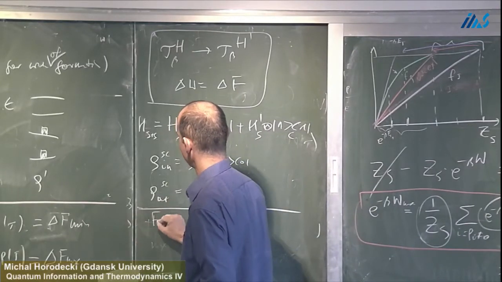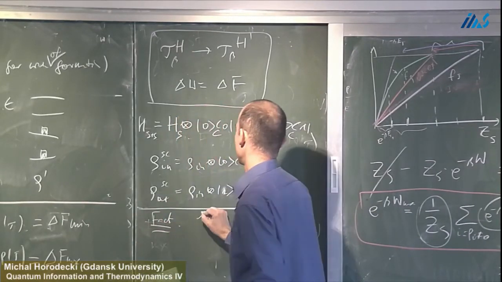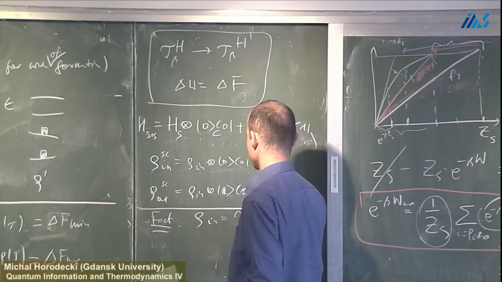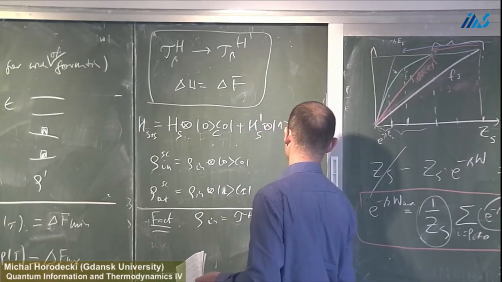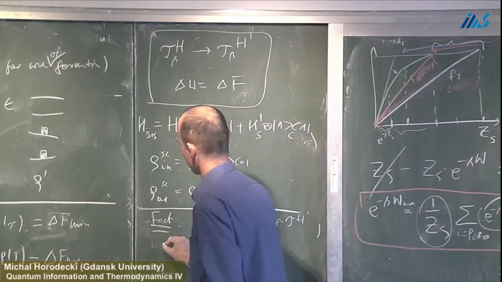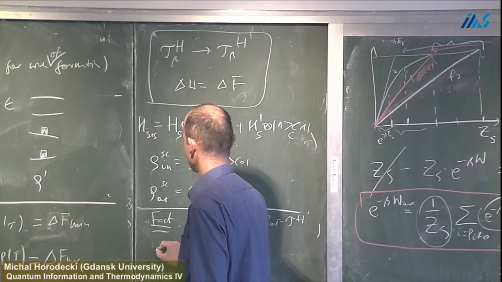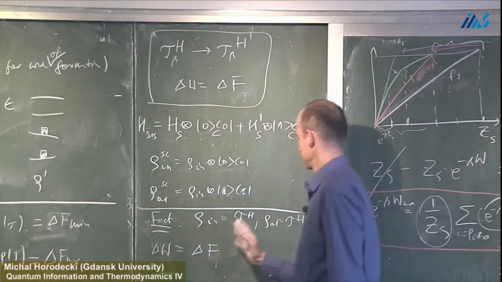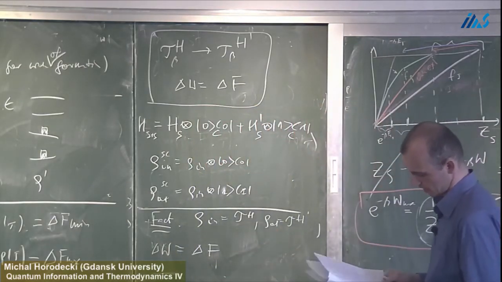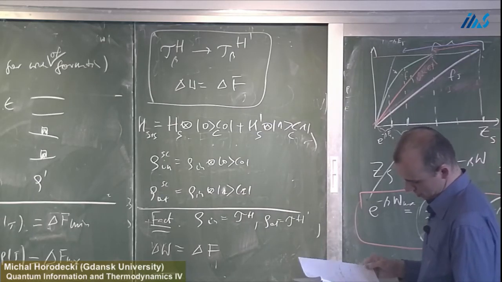In particular, if rho in is just a Gibbs state and rho out is another Gibbs state, then our work is precisely delta F.